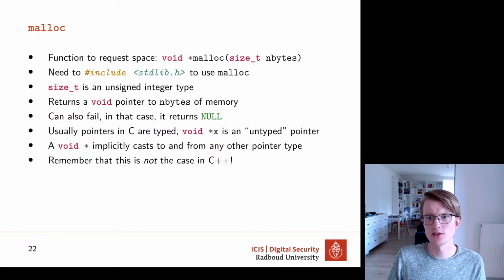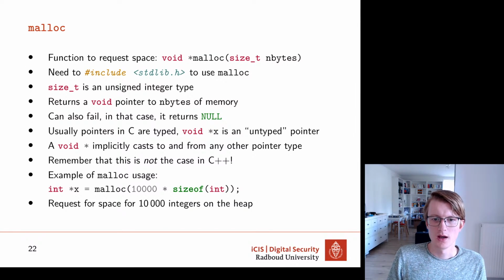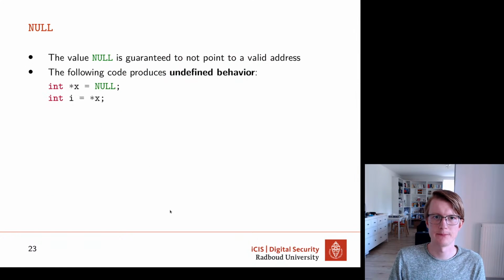In C++, you need to be slightly more careful because you need to do it explicitly there, but it's more or less the same. In this example, you see that we want 10,000 integers. So we take 10,000 times sizeof(int), because we need the size in bytes. And then we get this int pointer x to this space on the heap somewhere.